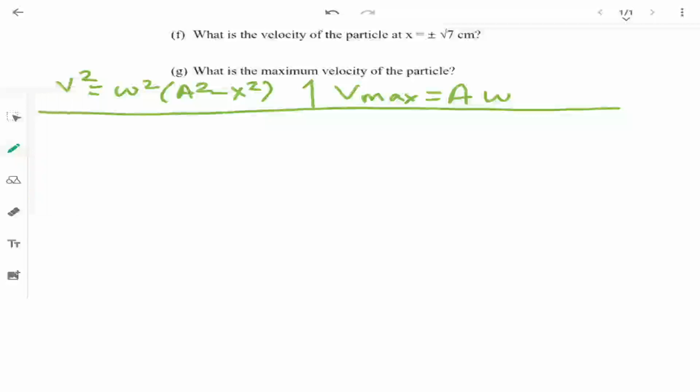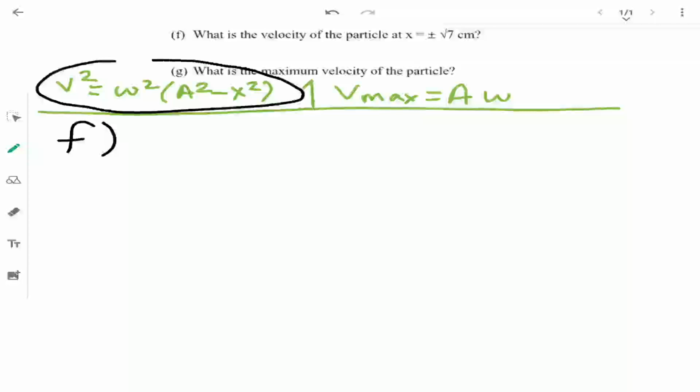Part F first. They're asking us for the velocity in terms of x. Now, we don't have the time, so we can't use our normal equation 32 pi cosine 8 pi t plus pi over 4. So what we have to do is use the equation that I'm circling right now, because here we have velocity in terms of x. So let's substitute and see what we get. So v squared equals omega squared, the omega was the one that's next to the t, so 8 pi squared.